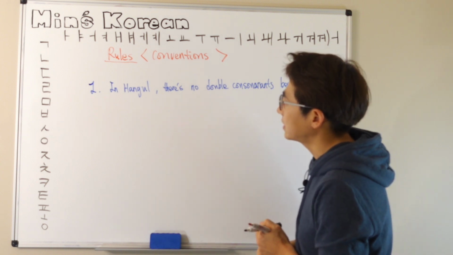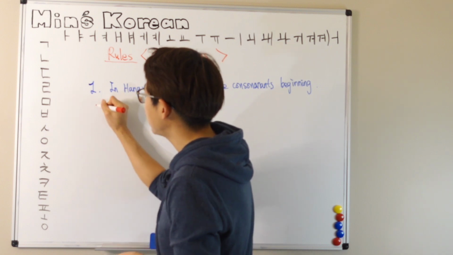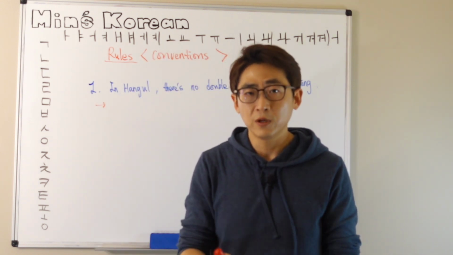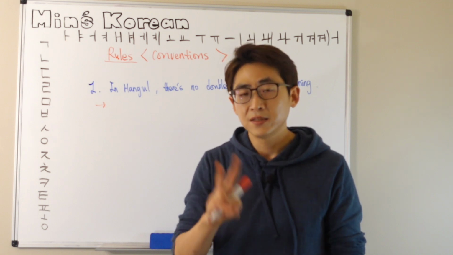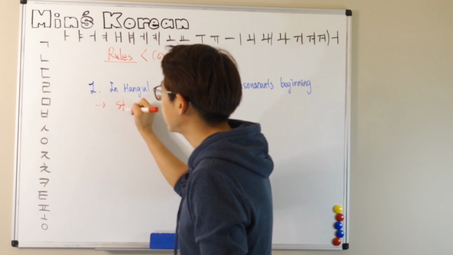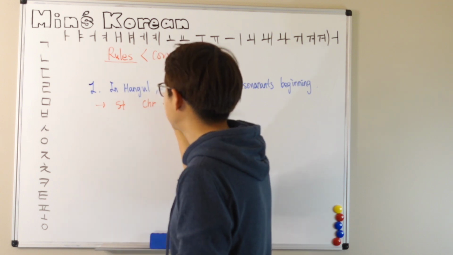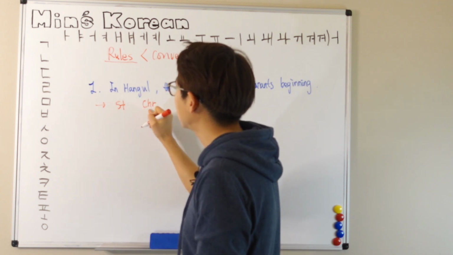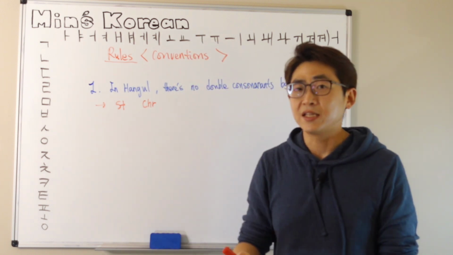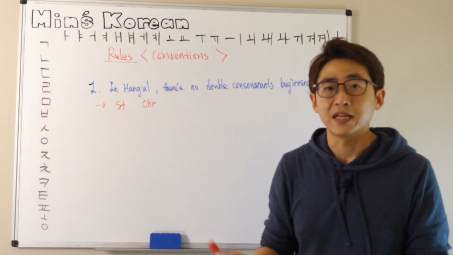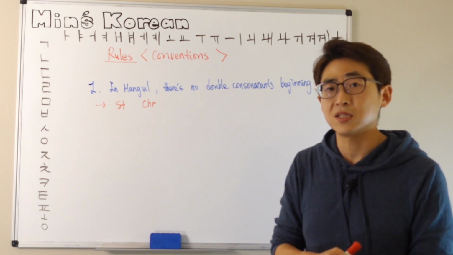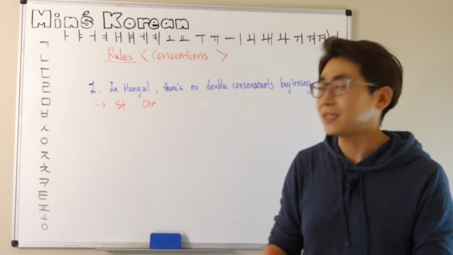And what I mean by that is, if you look at English, there are so many examples where you have a word that starts with double consonants. For example, street, Christ, crew, stew. But in Korean, Hangul, we don't have that. You cannot start a Korean letter with a double consonant, which is quite simple, right?